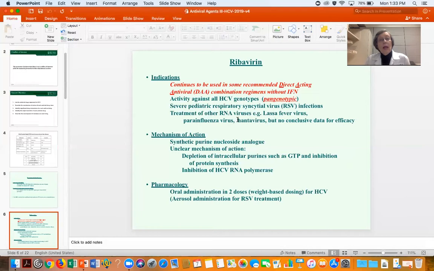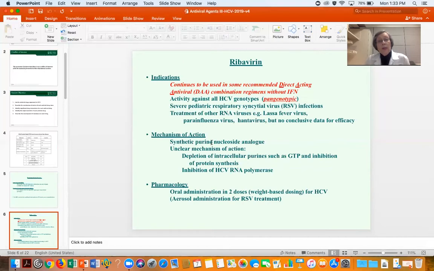But we don't have approval necessarily for the use for those viruses and no really conclusive data that they are useful. It's just that these are very infectious, serious virus infections, and so people are looking for whatever they can try to treat with an antiviral.